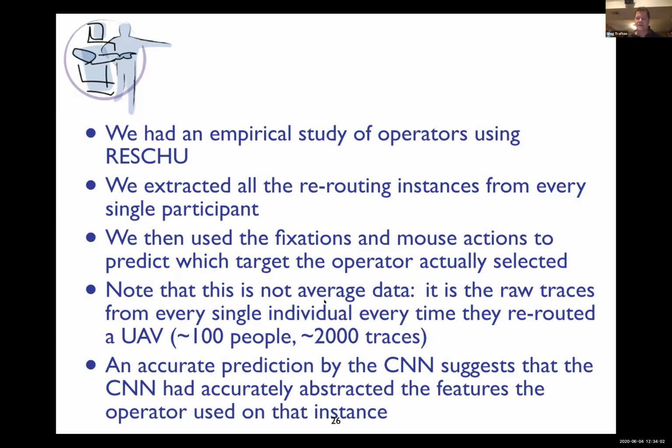That's a super important part of all this. So the assumption, or the hope, is that an accurate prediction by the CNN suggests that the CNN had in fact accurately abstracted the features the operator used on that particular instance.